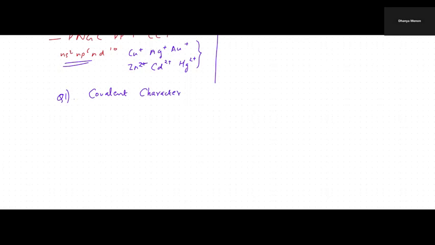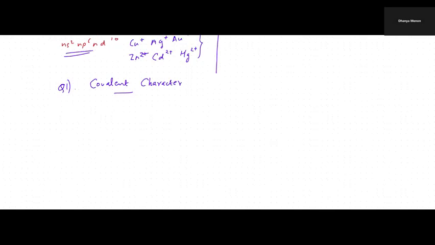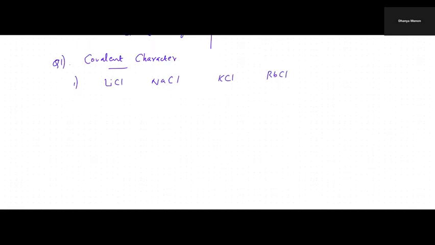Okay, so first one is lithium chloride, sodium chloride, potassium chloride, and rubidium chloride. The anion is the same, all of them have chloride ions, right?